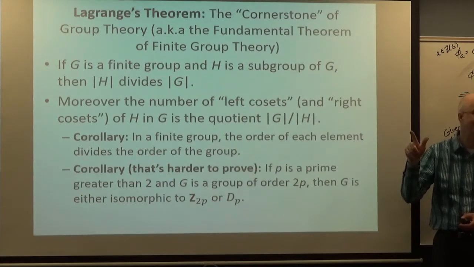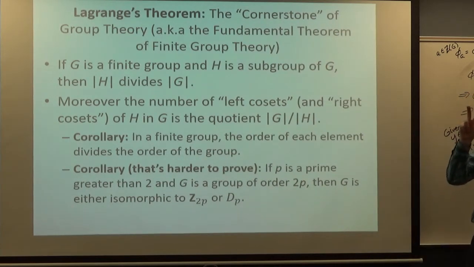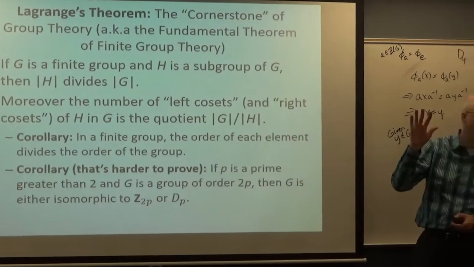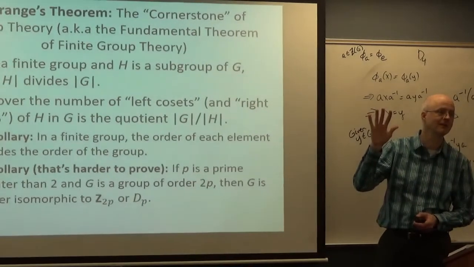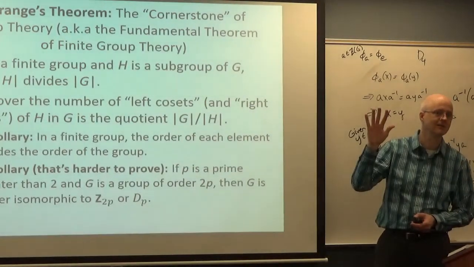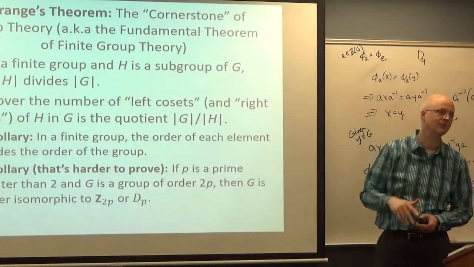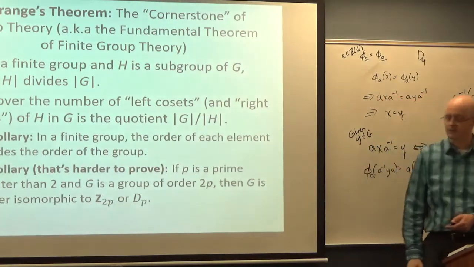What else? 10, 2 times 5. 14, 2 times 7. 22, 2 times 11. 26, 2 times 13, etc. Only 2 isomorphism classes.